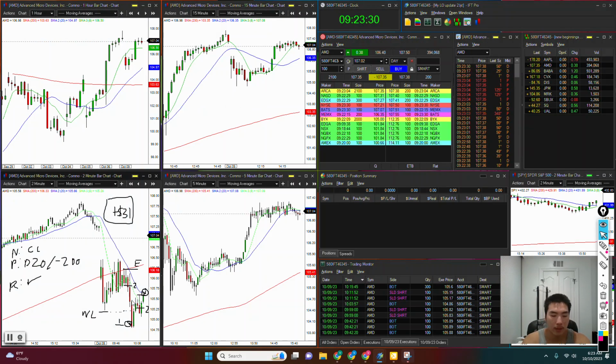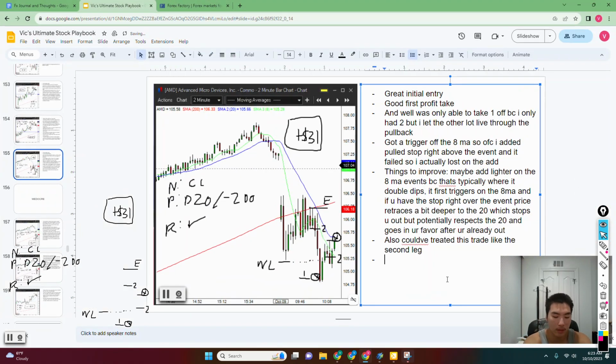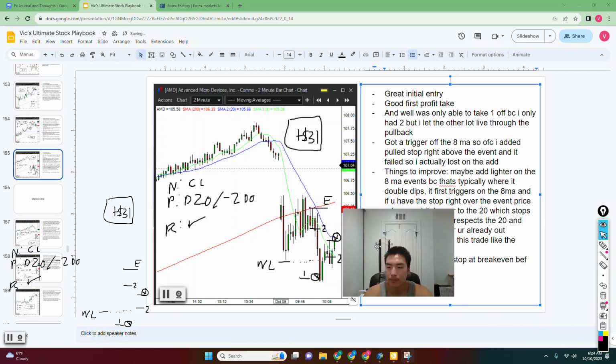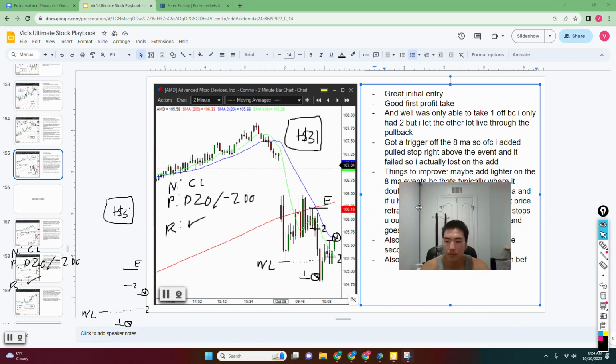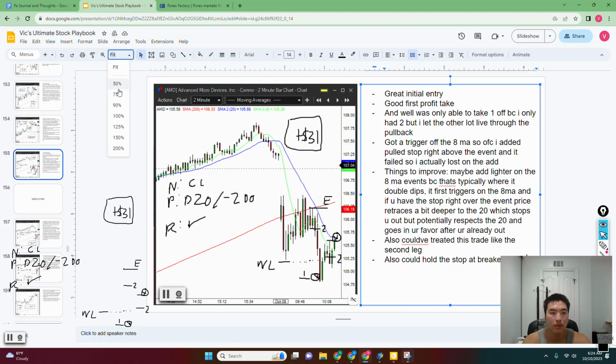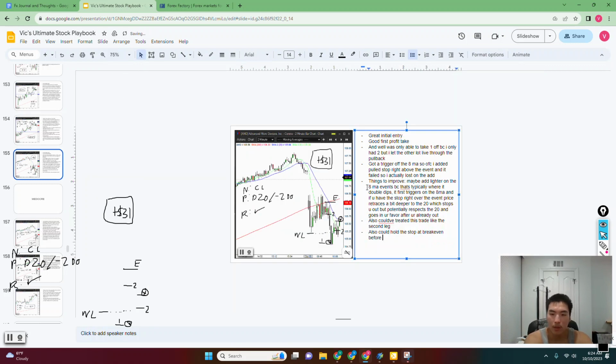So add a bit lighter and maybe also could hold the stop at break even before moving it over the pivot, because the pivot actually needs to form by going lower.